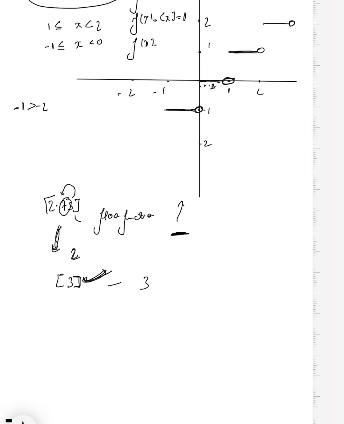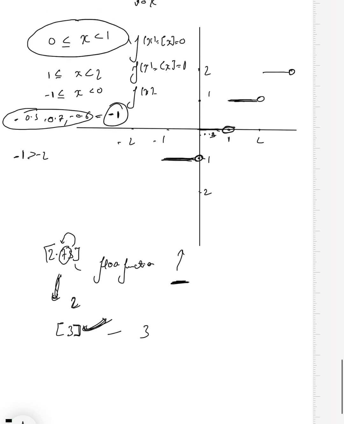If I put any value like -0.5, -0.7, -0.6, something like that, the greatest integer less than this is always going to be -1, and here it denotes this. But at -1, it is always going to give you -1. So remember, the bulb will always be on your right hand side.